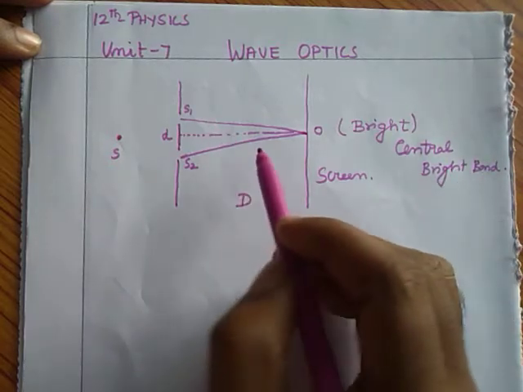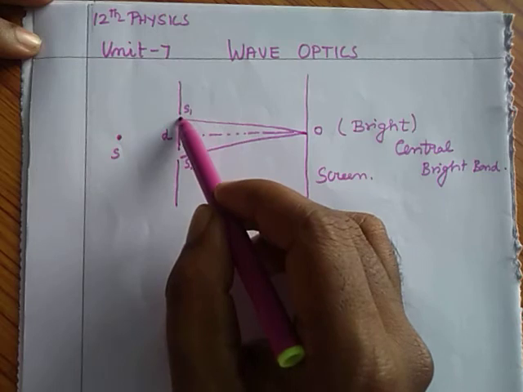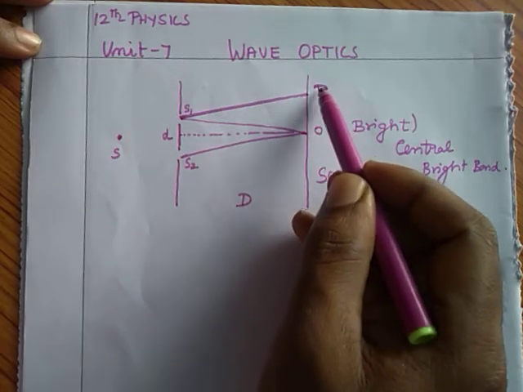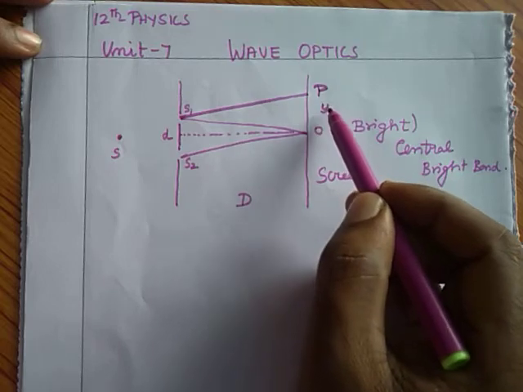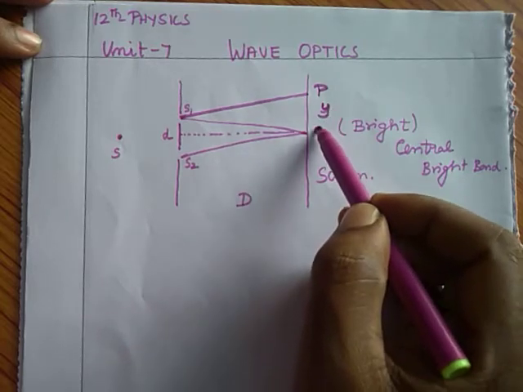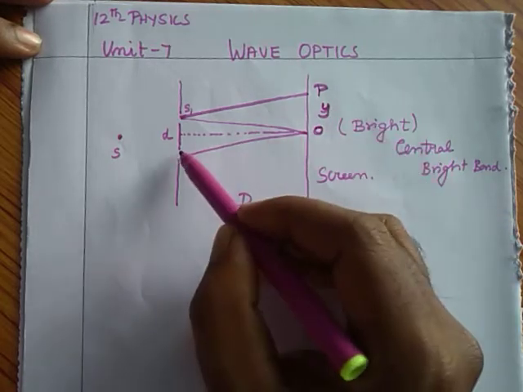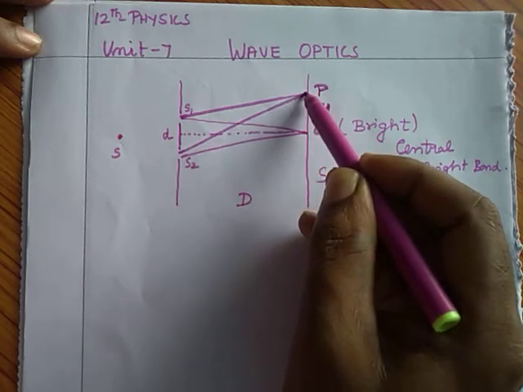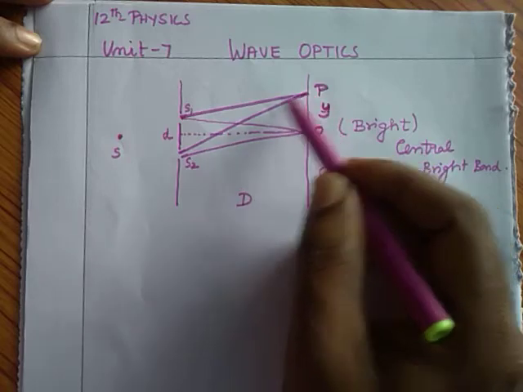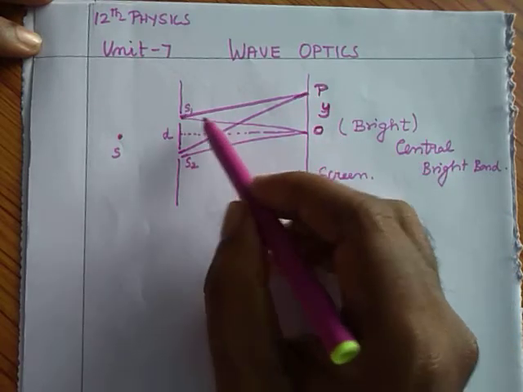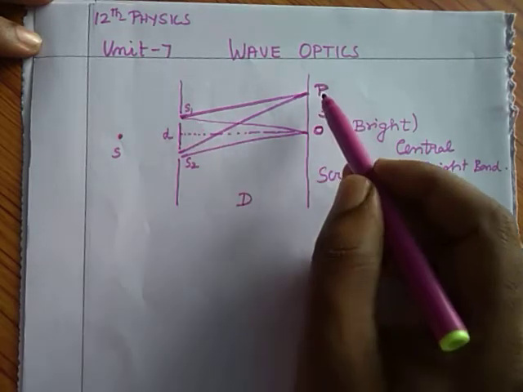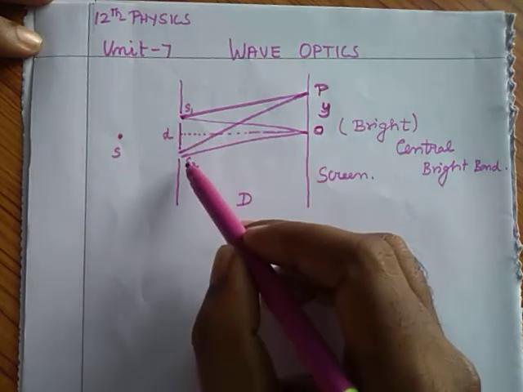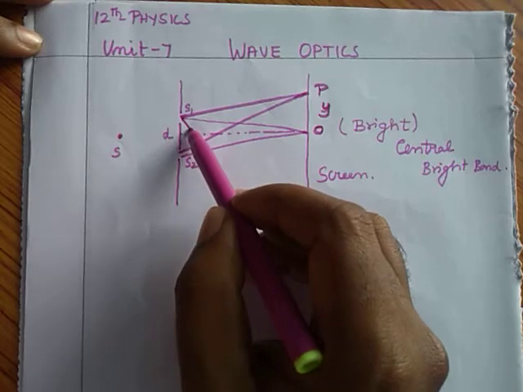Then consider light from the source S1 that meets a point P located at a distance y from the point O. Light from the source S2 also overlaps with the light from S1 at the point P. Here there is a path difference between S2P and S1P, that is delta.